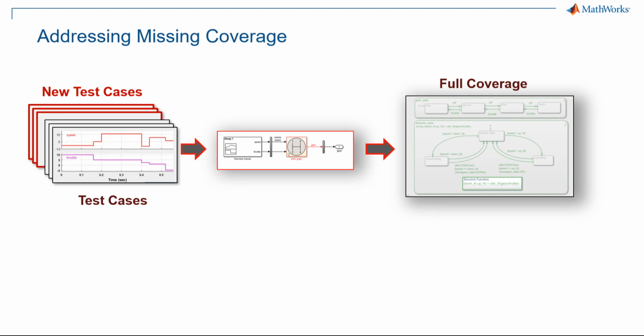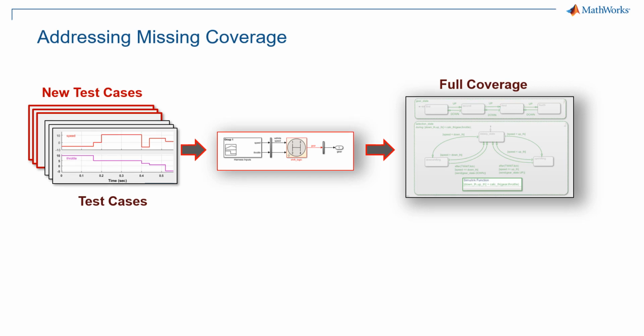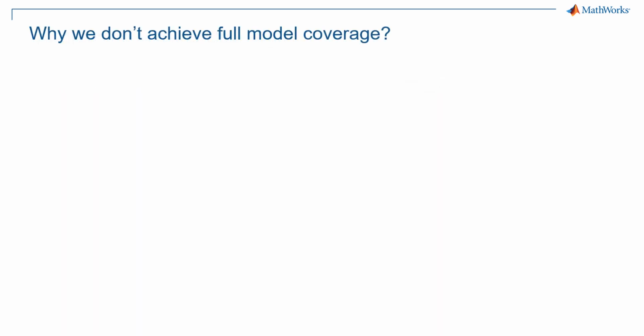One question that might come naturally is, why didn't we get 100% of the coverage? Well, in general, there are several reasons that would lead us to a non-full coverage on the model. The first one that comes to mind is missing testing.